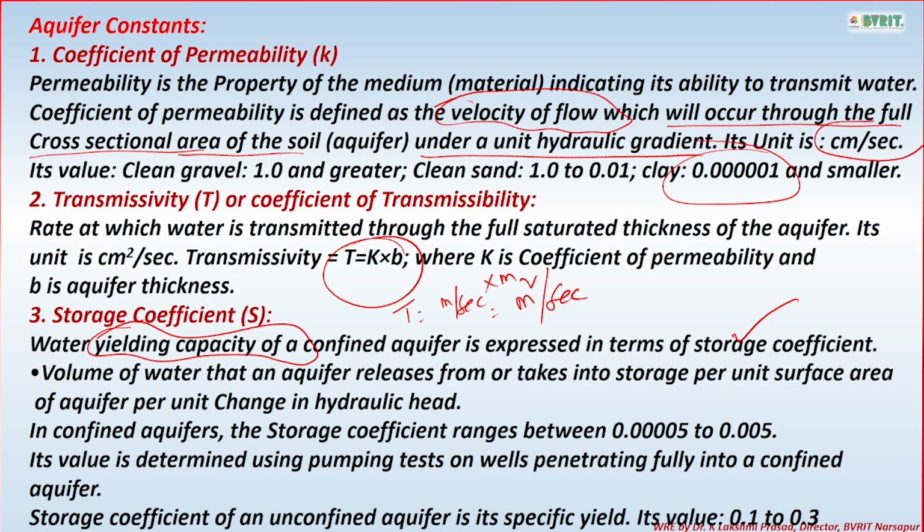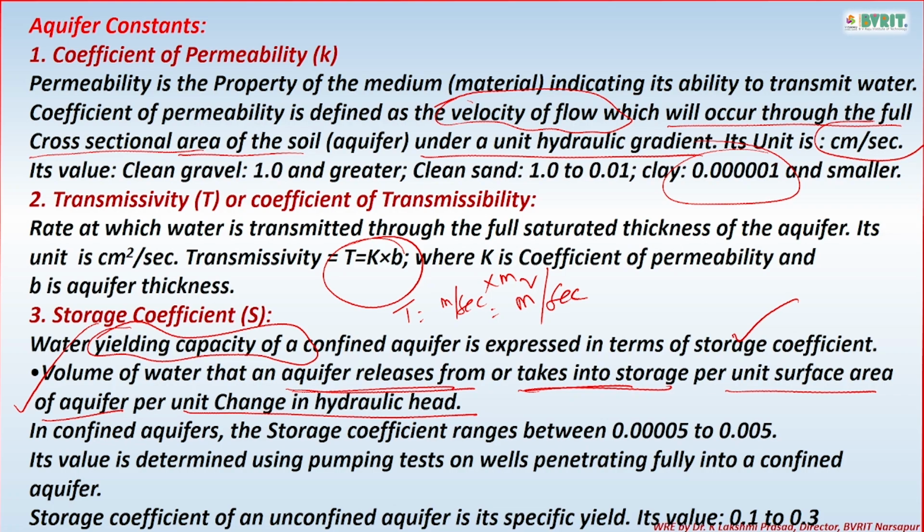That means the volume of water that the aquifer releases or takes into storage per unit surface area of the aquifer under unit change in hydraulic head. So this is what we call the storage coefficient.